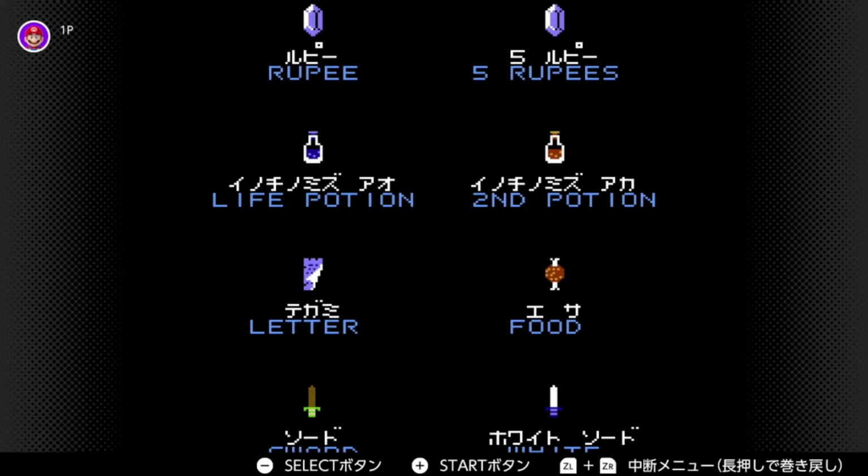An inochi no mizu aka, the second portion in English. Again, we see inochi, life, with the possessive particle no, so, of life.